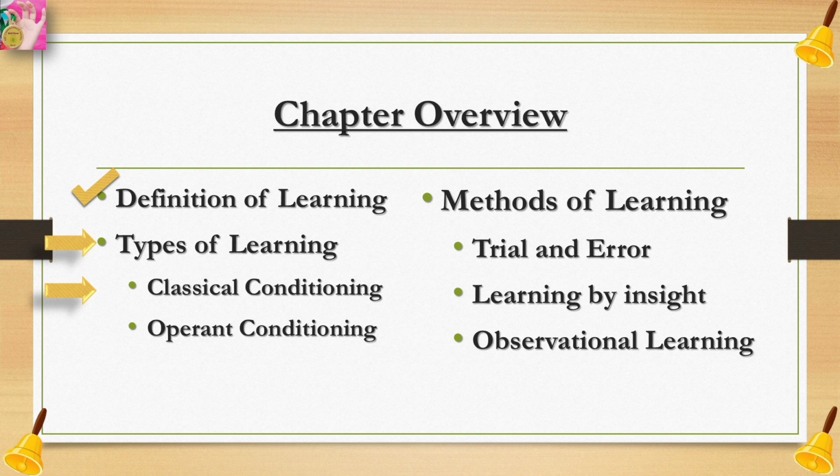So in part 1, classical conditioning, so far we have learned what actually is classical conditioning, who discovered it, and how that person discovered it. We learned about Ivan Pavlov and his experiments with dogs. We also learned about the elements of classical conditioning: conditioned stimulus, unconditioned stimulus, conditioned response, unconditioned response, neutral stimulus, and how classical conditioning works.